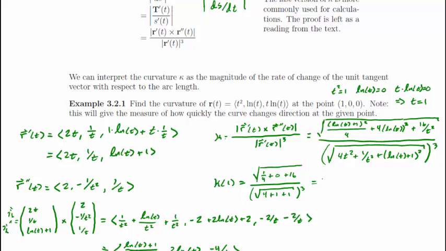So this, let's see, 16 and a quarter is 65 over 4, over square root of 6 cubed, which equals the square root of 65 over 6 root 6.